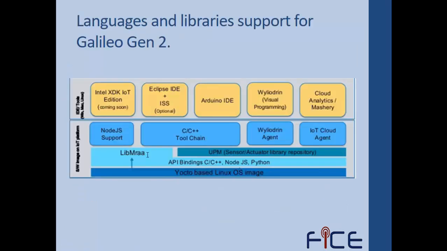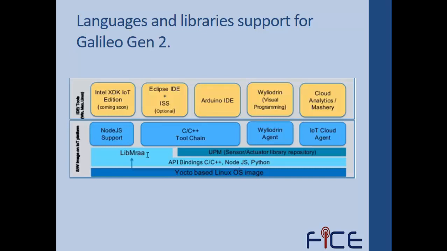Now, languages and libraries supported for the Intel Galileo Gen 2 board. I told you already that we can use Intel XDK IoT Edition for JavaScript, Eclipse IDE for C++, Arduino IDE for Arduino programming using Arduino APIs, Wyliodrin for visual programming, and cloud analytics for our mesh.